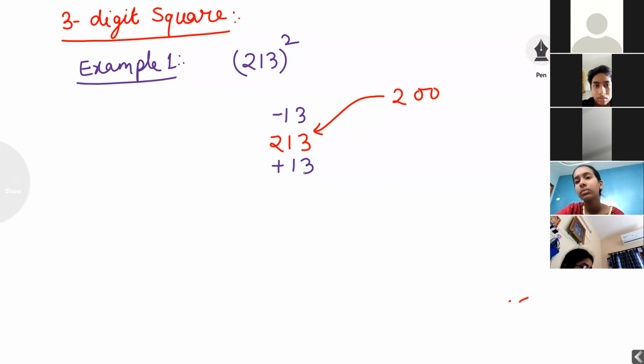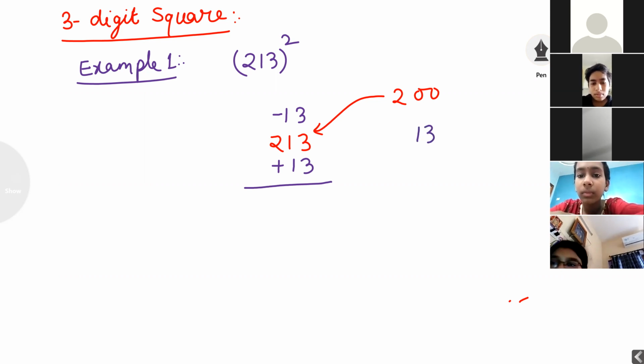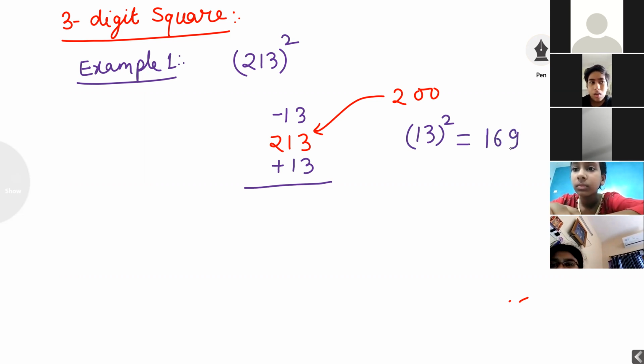I want to make it 200 by subtracting 13, and the same number I add also. But always keep in mind, the number you have added or subtracted, I want to find the square of that. Means 13 I have added and subtracted, so I want to find out 13 square. 13 square has come 169. Keep this in mind. Okay.